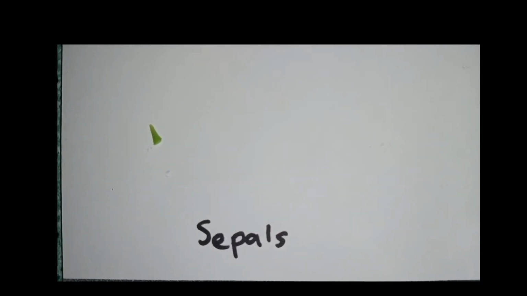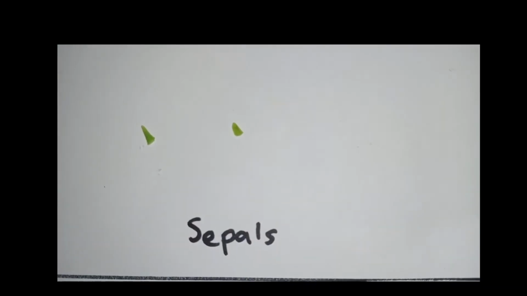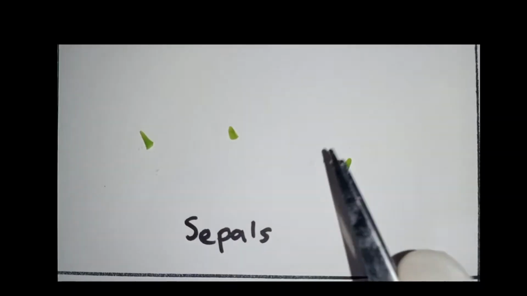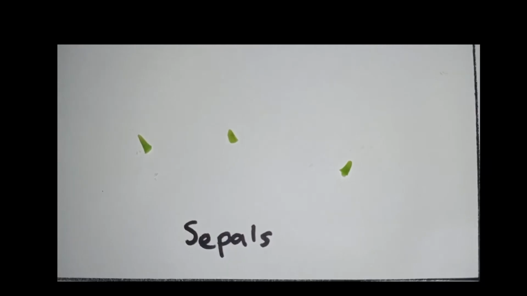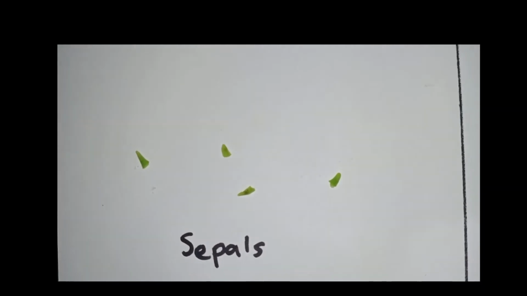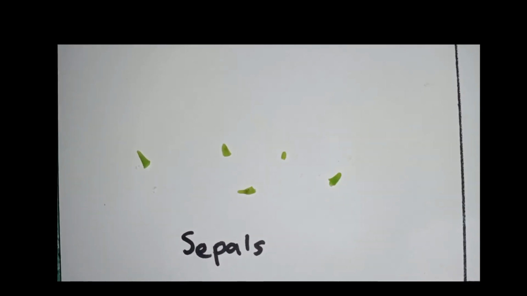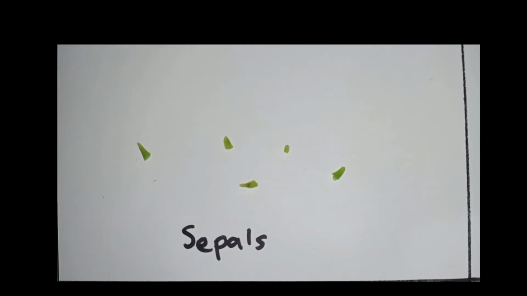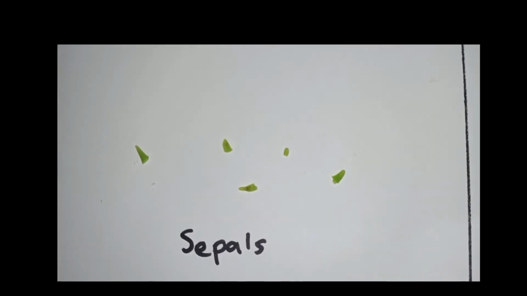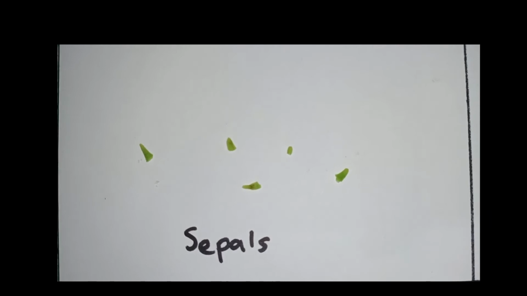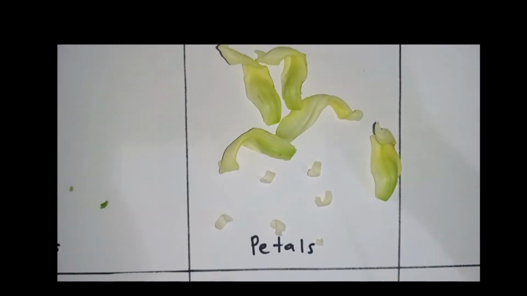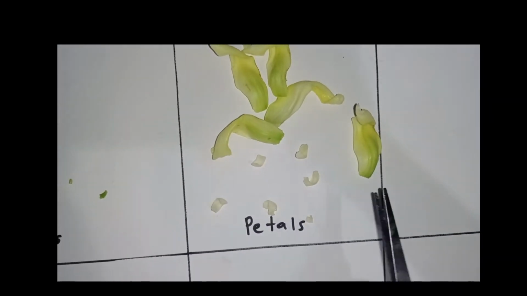So we put the sepal of the female flower in the column. After that we will put the petals of the female flower in the column. So in this column we have male and female petals.